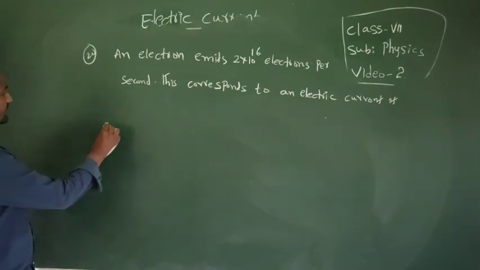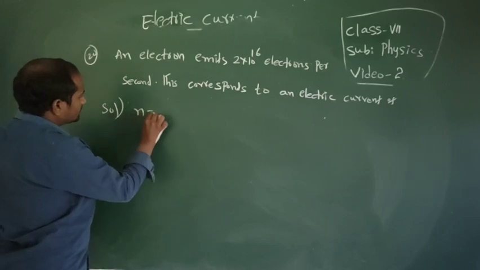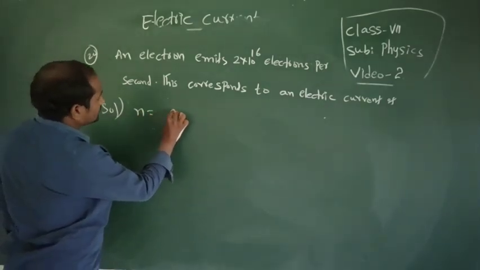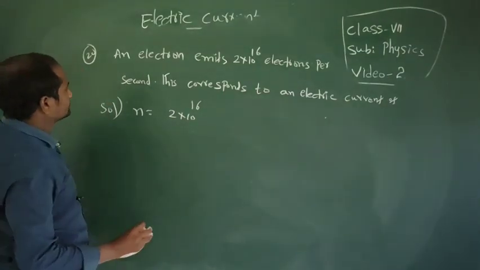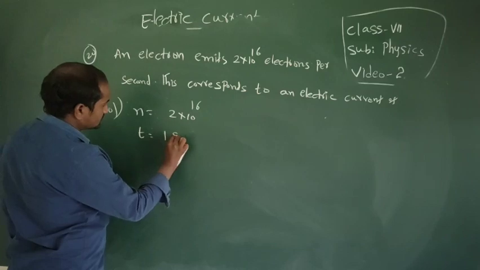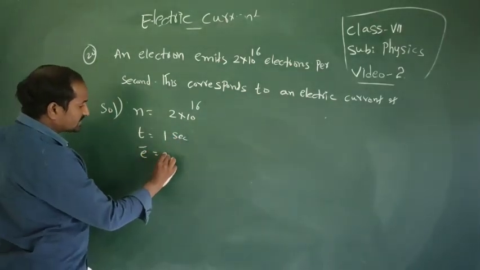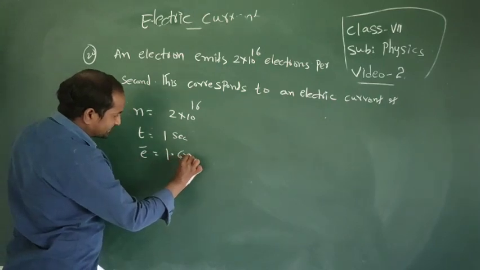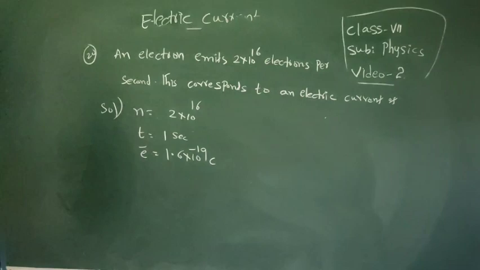Okay, so here N is given: N equal to 2 into 10 power 16 electrons per second. T equal to 1 second. Next we know that the charge of an electron equals 1.6 into 10 power minus 19 C.